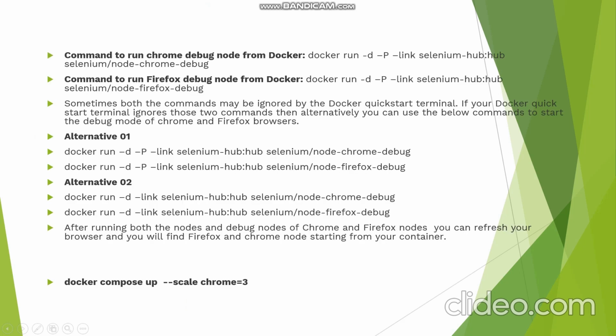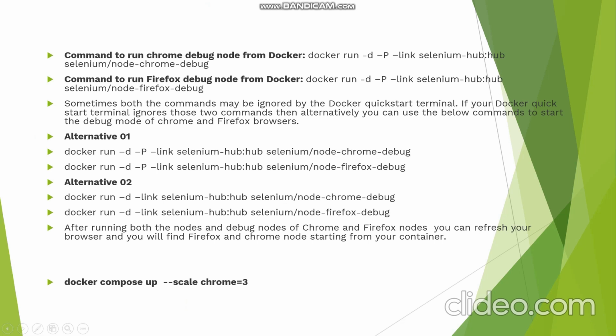So for viewing the test case using Chrome, Firefox, Firefox debug and Chrome debug, we need to use this command: docker run -d -P --link selenium-hub, selenium node-chrome, Firefox node, Chrome debug, and Firefox debug. Alternately, we can also use these two commands.